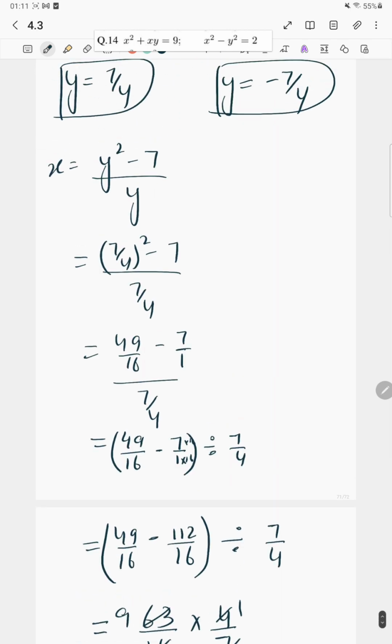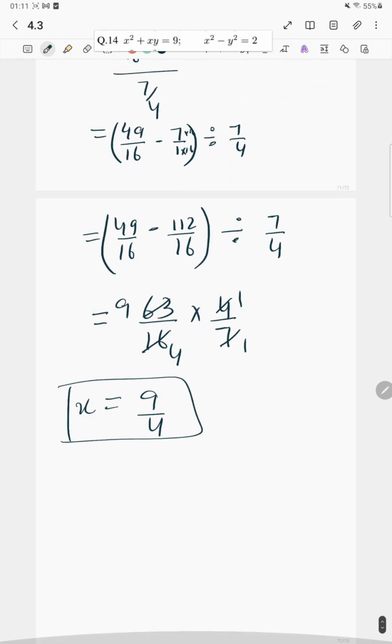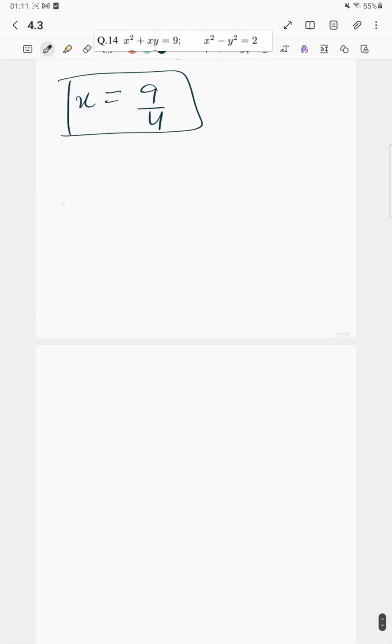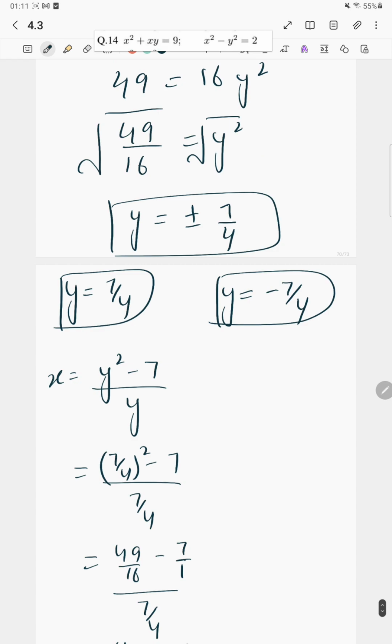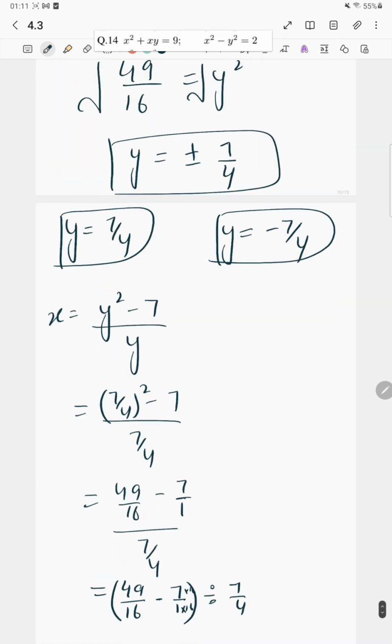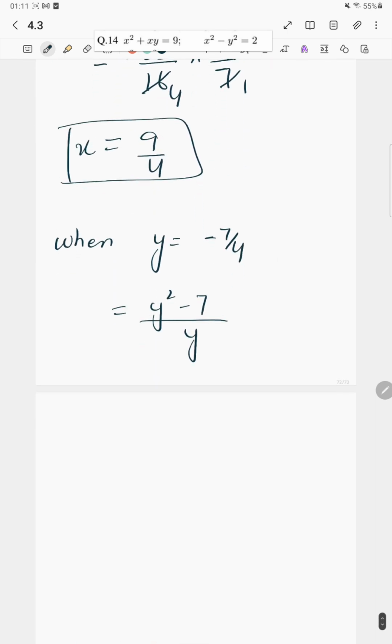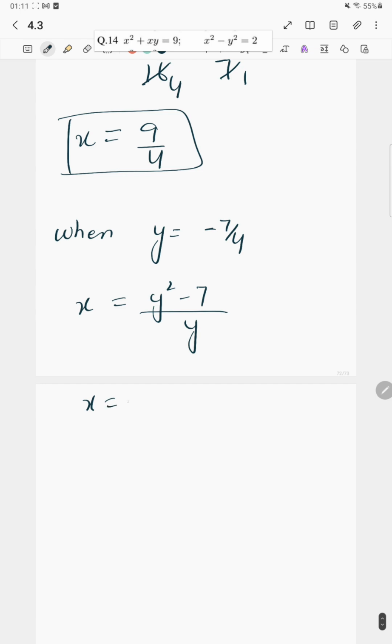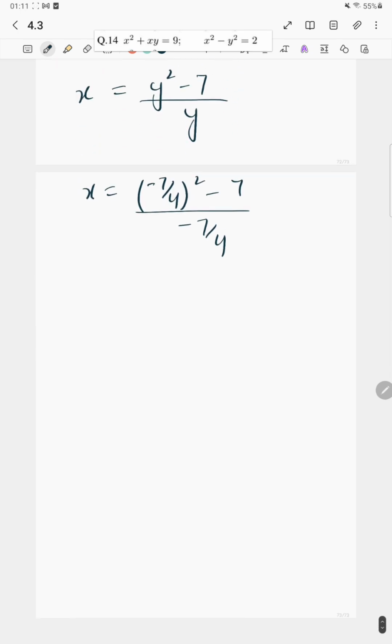Now considering the other value of y, minus 7 over 4. When y is equal to minus 7 over 4, what is the value of x? Y square minus 7 over y. So it's going to be minus 7 over 4 whole square minus 7 over minus 7 over 4.